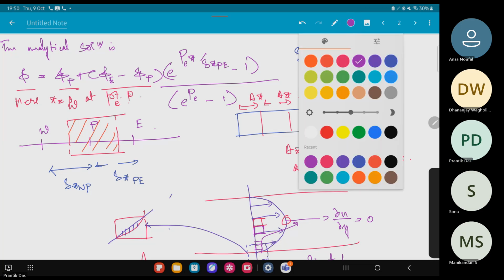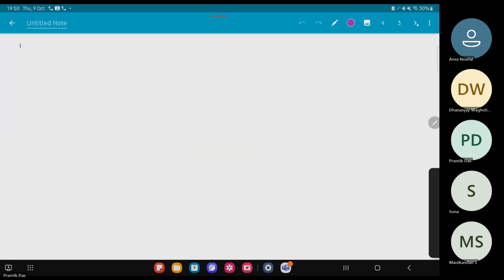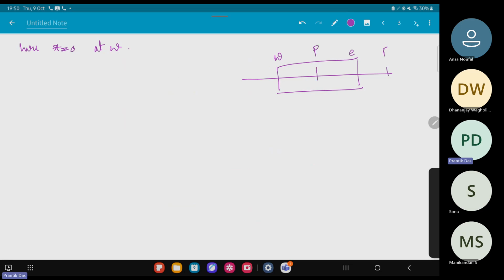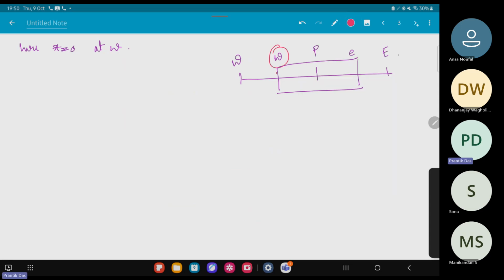For example, if I consider x equal to 0 at W, and I draw the control volume again, this is the control volume itself. This is small w, this is small e. This is capital P, this is capital E, and this is capital W. Small w and small e are the cell faces: small w is the common face between the capital W and capital P cells, and small e is the cell face between the capital P and capital E cells.